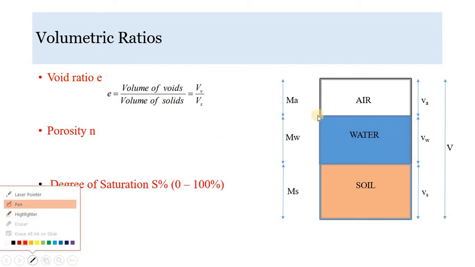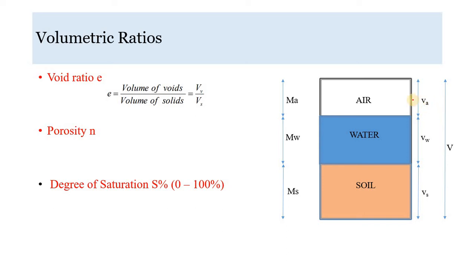Volume of air plus volume of water combined is called the volume of voids, divided by the volume of solids, which is called the void ratio.